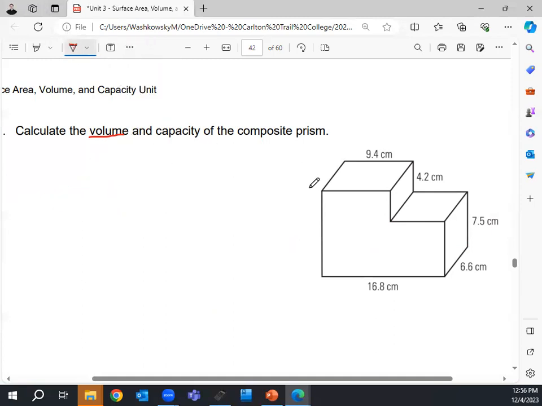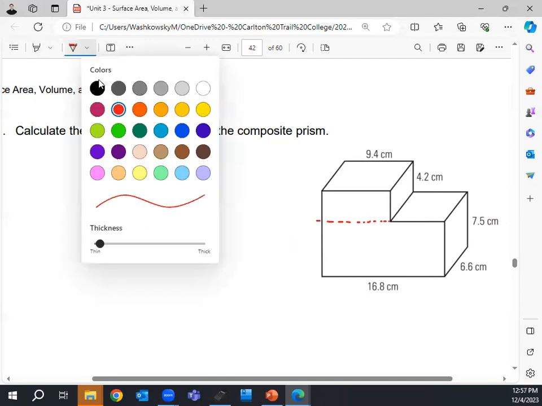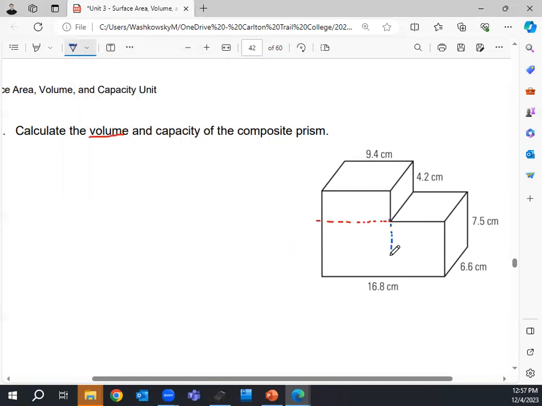Absolutely. So I need to split this. And there's two ways I can split it. I can either just split it into two shapes like this. That's one way. Or I can just split it right in half down the middle. Either's fine. Doesn't matter. There's also a third way as well, which we're not going to do. I could just pretend that this part here is filled in.